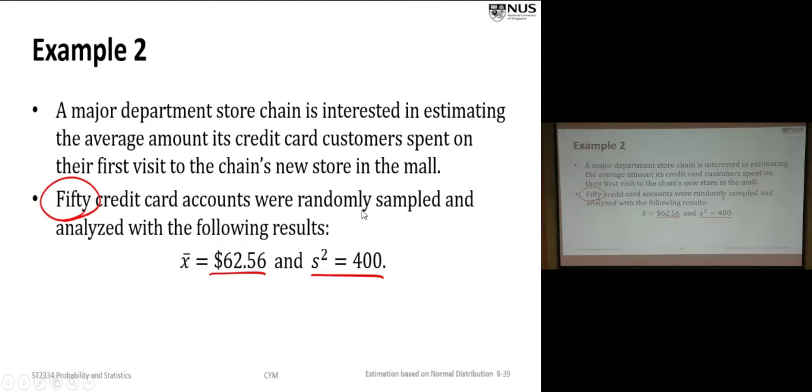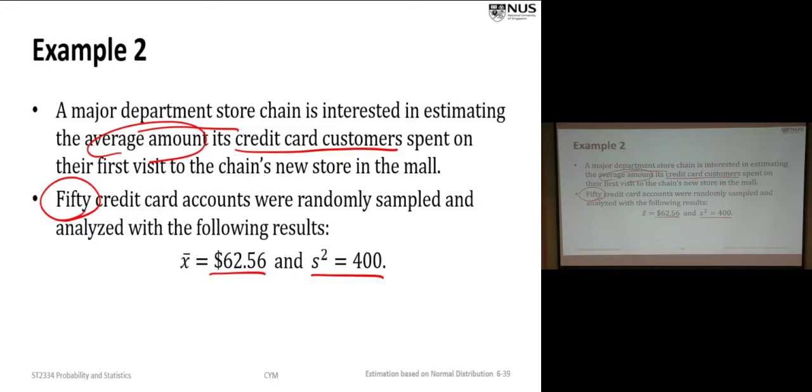Now, it's very important. You cannot just apply the formula. You have to understand what you are trying to do. In this case, the departmental store is interested in estimating the average amount the credit card customers spent on their first visit.